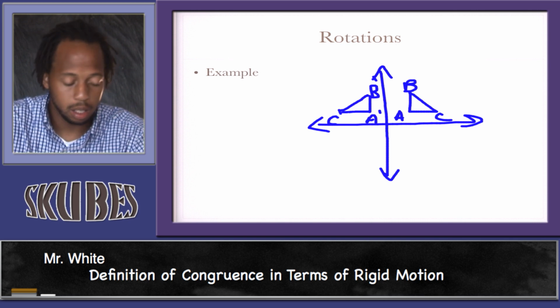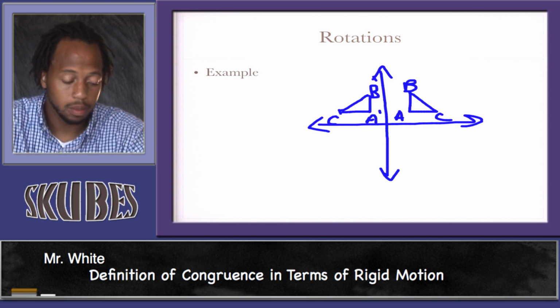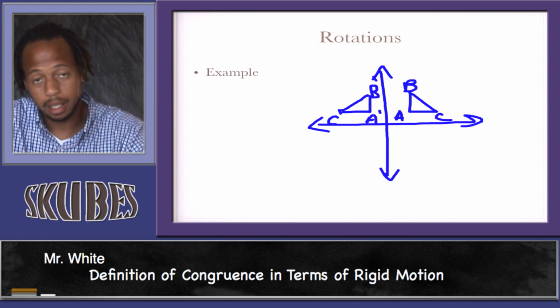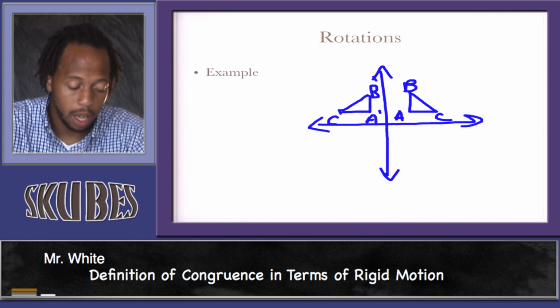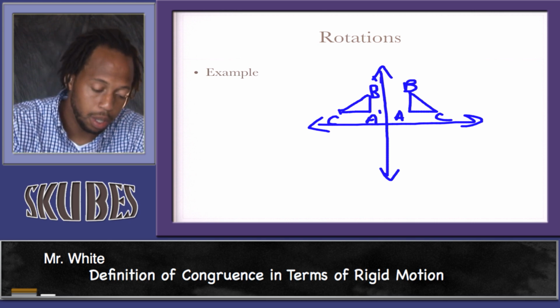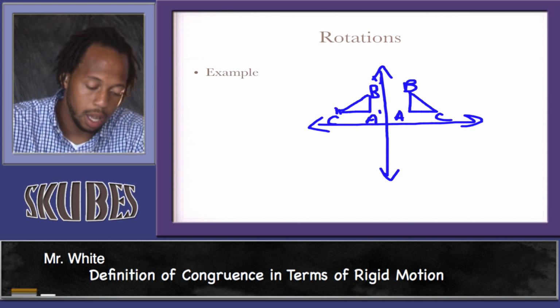After this rotation, because the size and shape of these two triangles are preserved, we know that A is congruent to A prime, B is congruent to B prime, and C is congruent to C prime.